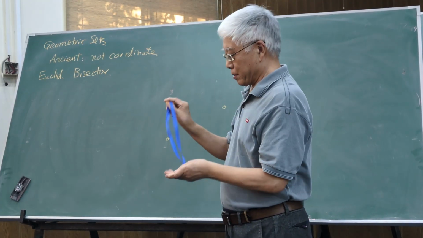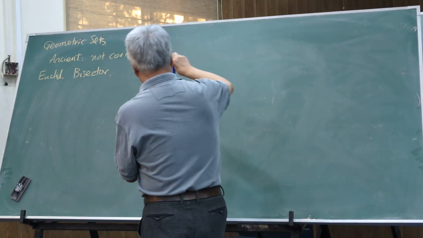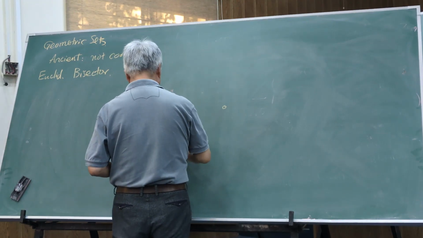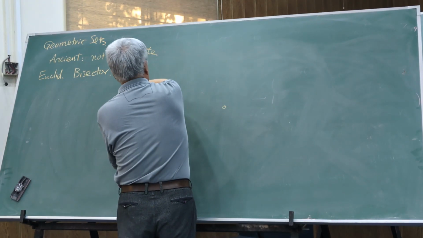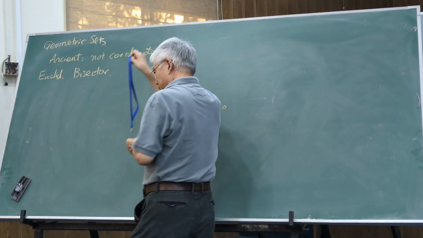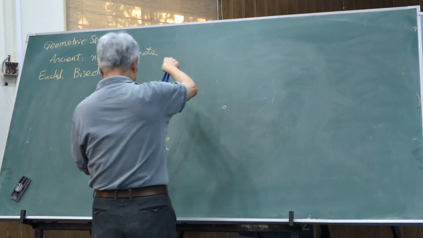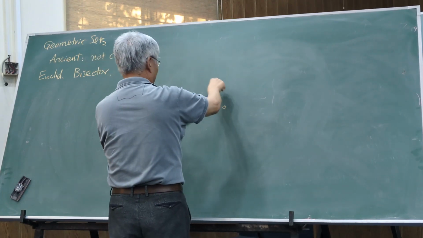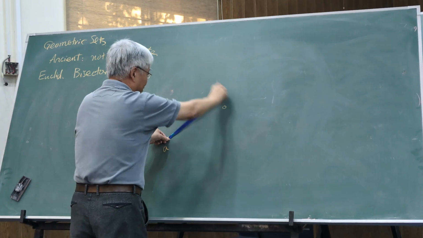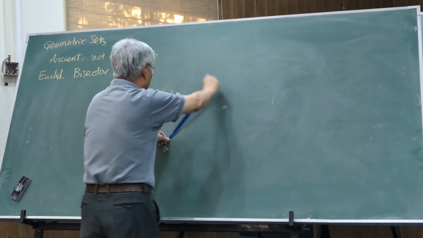Let me imitate. He puts one leg of the compass on one point, A, and then draws. If it is at least more than half of this length, you can do that even if it has only one distance.